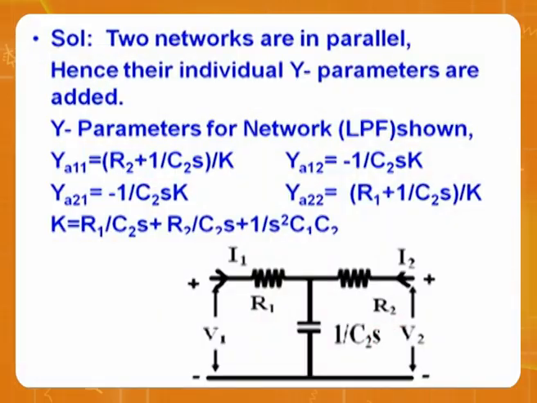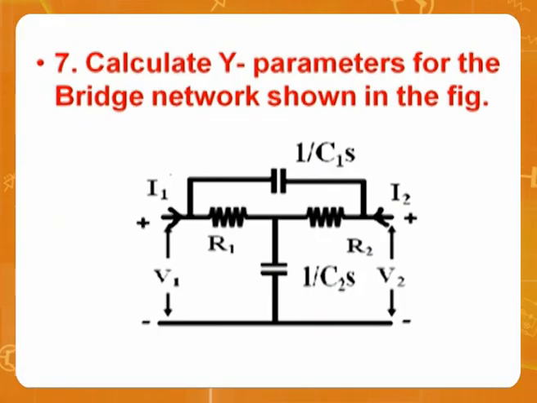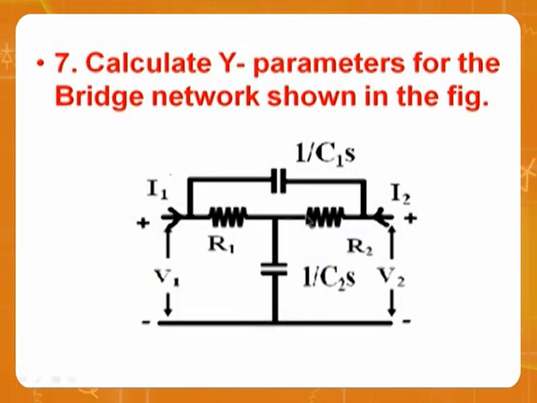Now, what do we do here? The best thing is, the lower one is one circuit, and the upper one is another circuit. They both are connected in parallel. So calculate the Y parameters of the lower one and the Y parameters of the upper one.